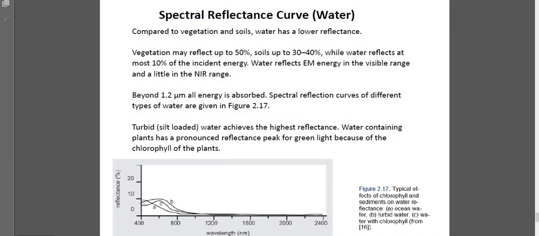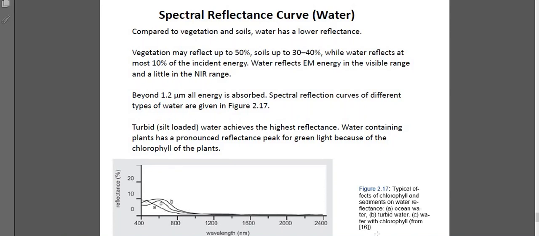If we see curve A, its response is highest in the blue band and it suddenly decreases. It means it has less reflection in the green band and the red band, but highest reflection in the blue band. That's why from Google Earth or satellite you see the ocean as blue.